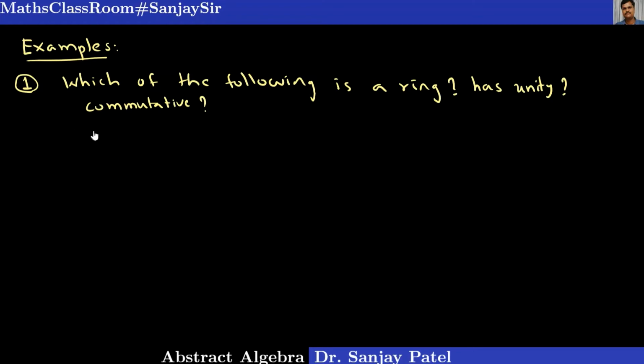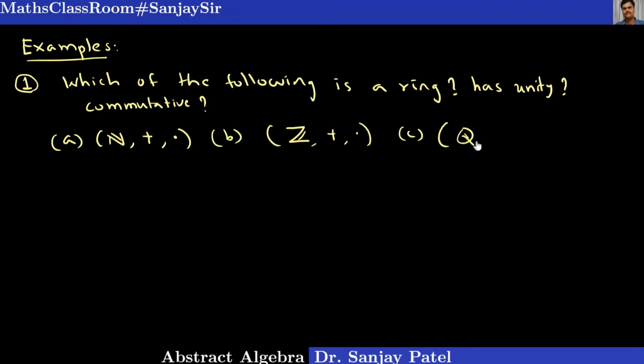So we'll check all the definitions, whatever you defined in the previous lecture, commutative and so on. So the problems or the sets are like this. The set of natural numbers with respect to the operations of addition and multiplication. Second is the set of integers with respect to again the usual addition and multiplication of integers. Third, the set of rational numbers with respect to addition and multiplication of rational numbers.